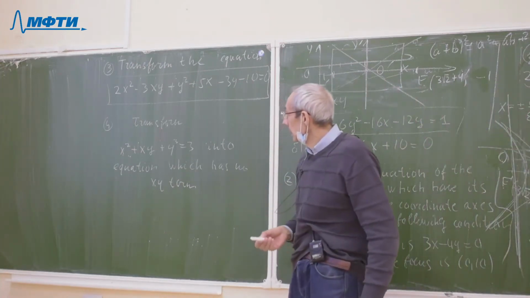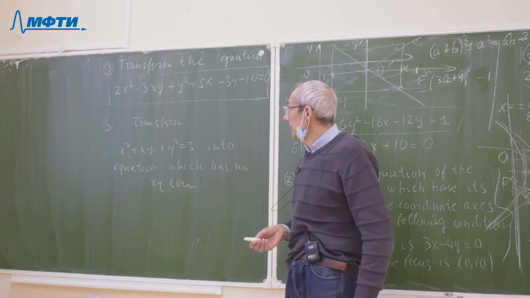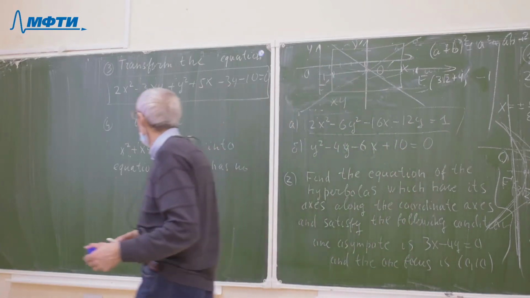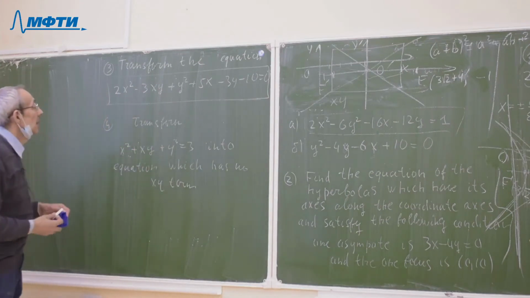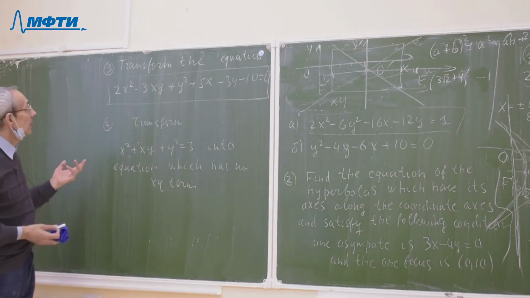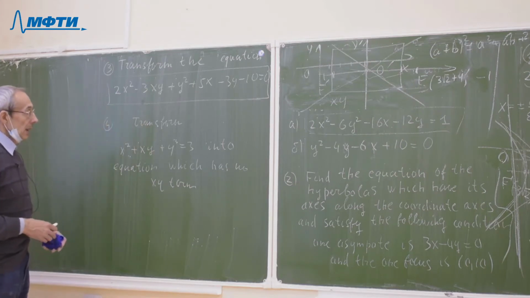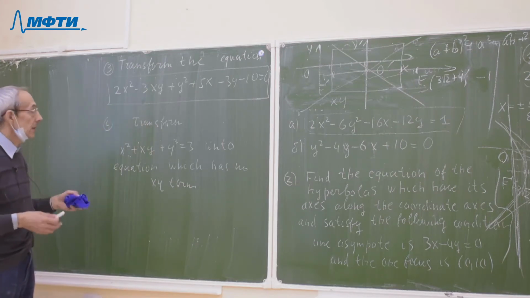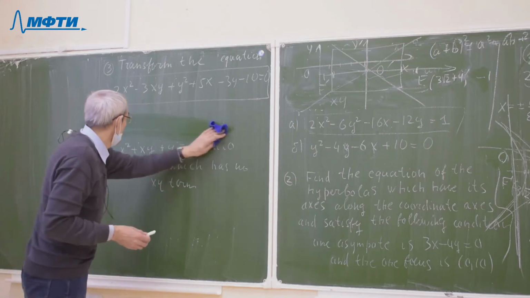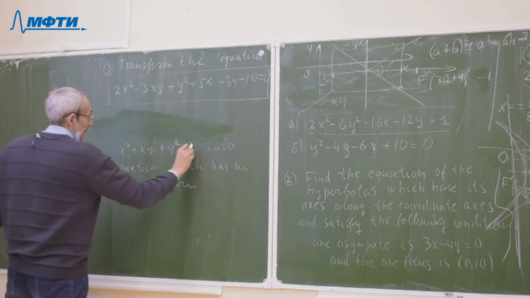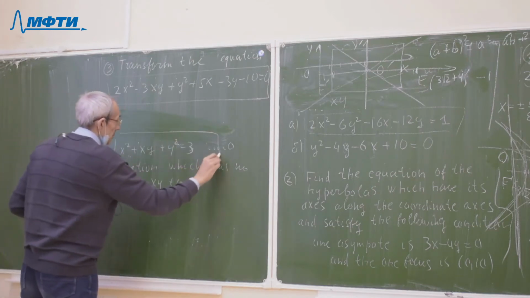But in the seminar, I tried to explain how to rotate the coordinate system if we want to kill this term. And I think this case is, in my opinion, a simpler case.